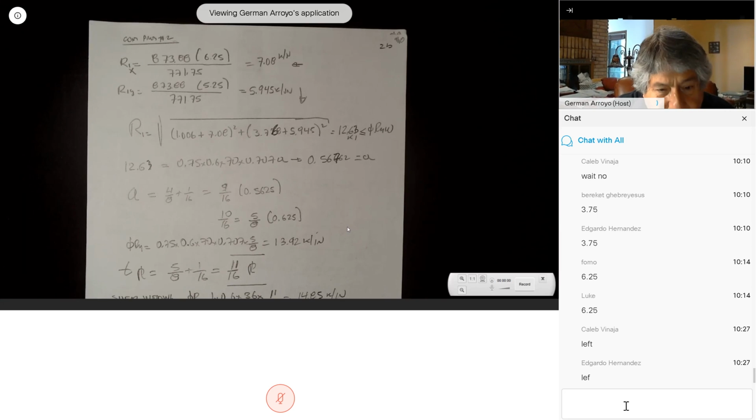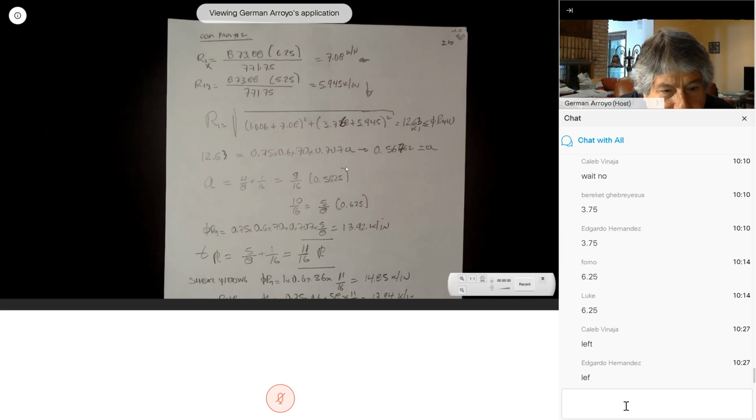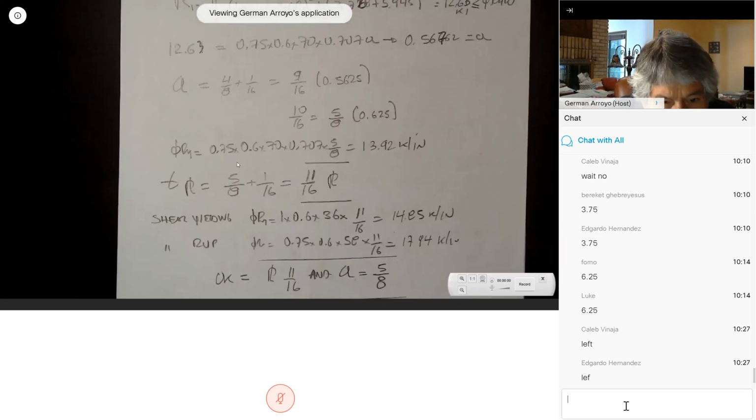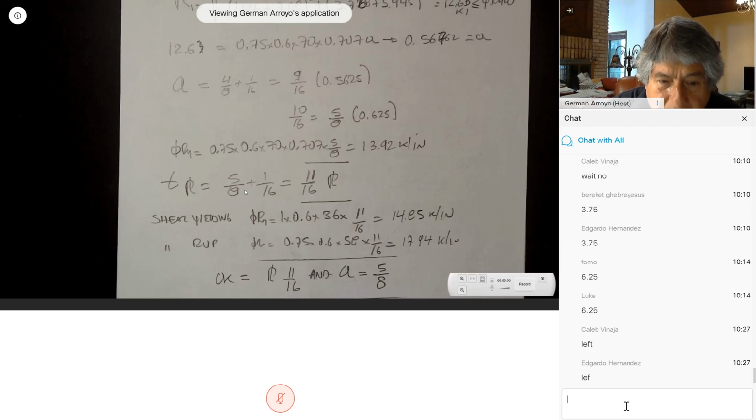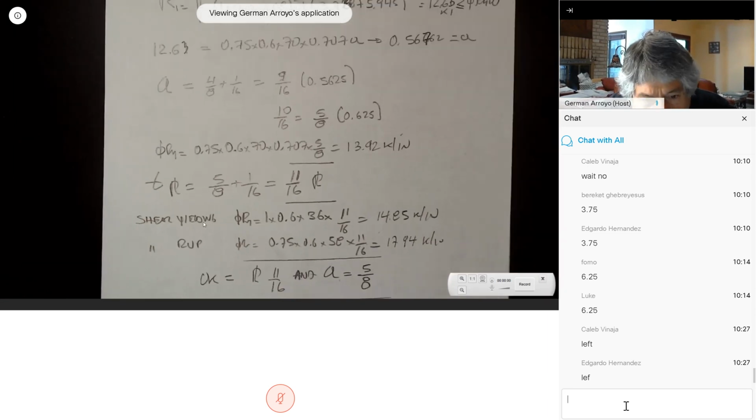But the thickness of the plate, that is one of the questions. To find the thickness of the plate, I add the size of the weld plus 1/16. Because remember, the maximum size is the thickness of the plate minus 1/16. So I'm adding 1/16, this is the plate. Now that I know the plate is 11/16, shear yielding 1 times 0.6 Fy times 11/16 gives 1485 kip/inch.